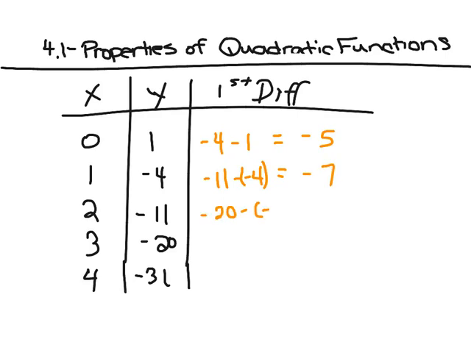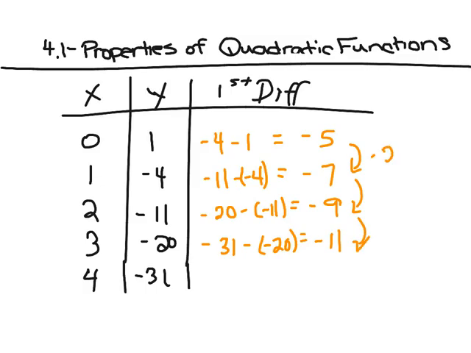Negative 20 minus negative 11 equals negative 9. And negative 31 minus negative 20 equals negative 11. If you can see, each of these is going down by negative 2. Because this is consistent, we know that this will be quadratic. So it'll make some kind of quadratic function.